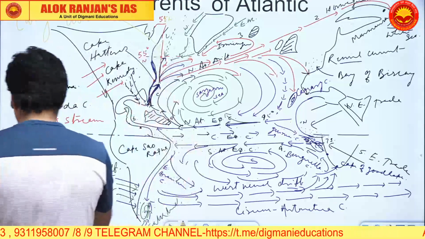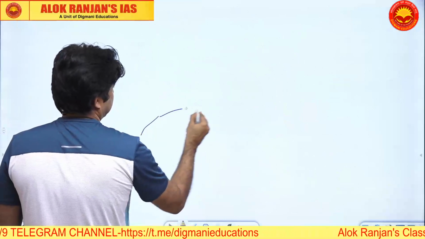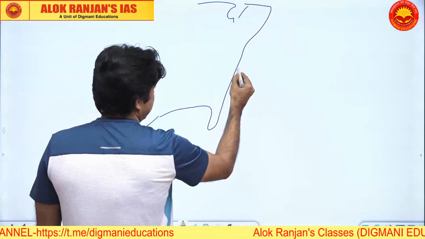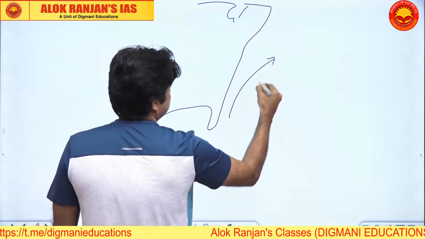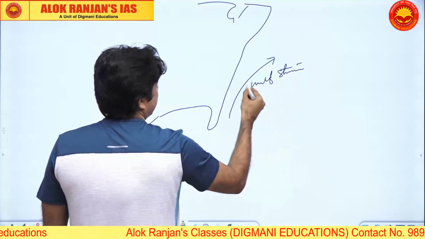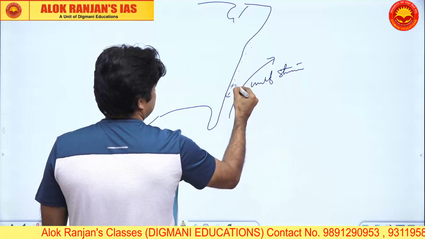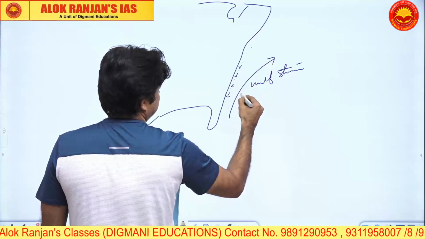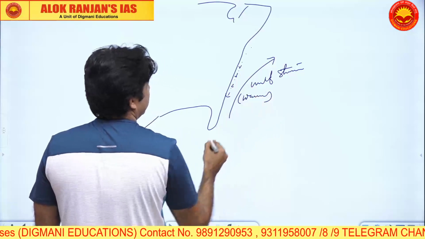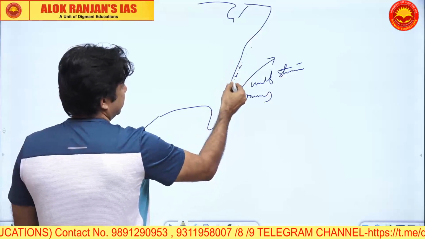So along the mid-Atlantic seaboard, this is your Florida. This is a mid-Atlantic seaboard, and this is your Gulf Stream. This part is having cold water, and Gulf Stream is having warm water.